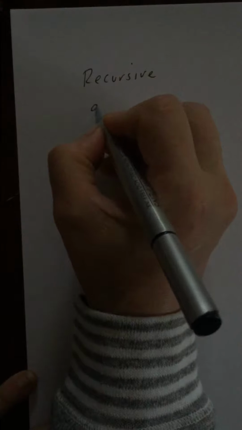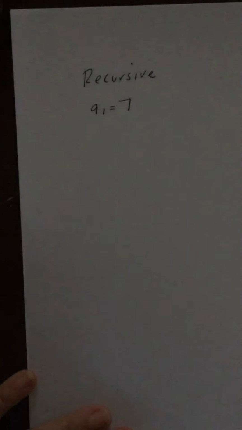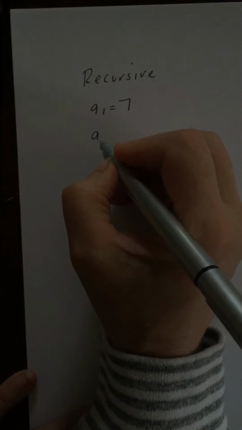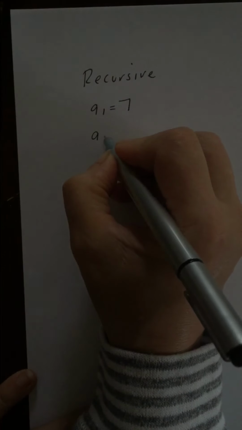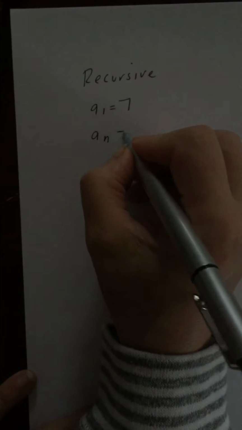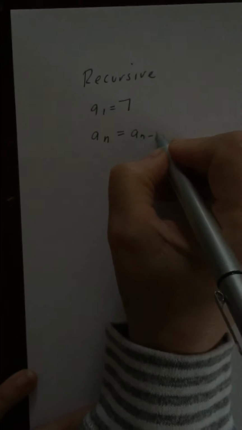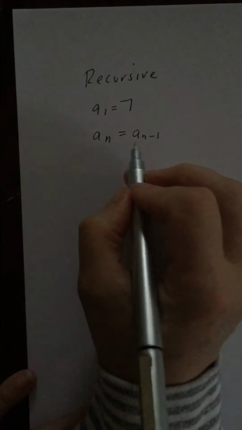For a recursive one, I could go ahead and say a1 is 7. Remember, I'm starting day 1 with 7 push-ups. Then I want to define the next one in terms of previous ones, so I need a starter for this one. a1 is 7, and then each term is given by the previous one plus 3.